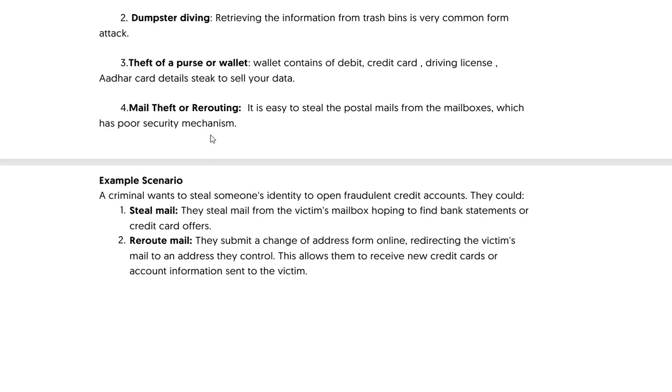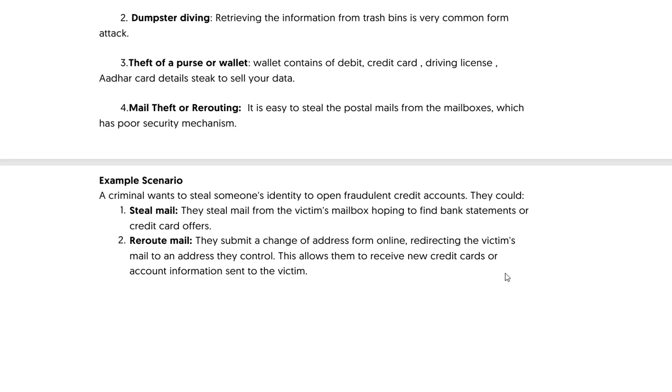Mail theft or rerouting: it is easy to steal postal mail from mailboxes which have poor security mechanisms. Consider a scenario where a criminal wants to steal someone's identity to open fraudulent credit accounts. What they could do is steal your mail and reroute it. They steal mail from the victim's mailbox, hoping to find bank statements or credit card offers. Then they submit a change of address form online, redirecting the victim's mail to an address they control.